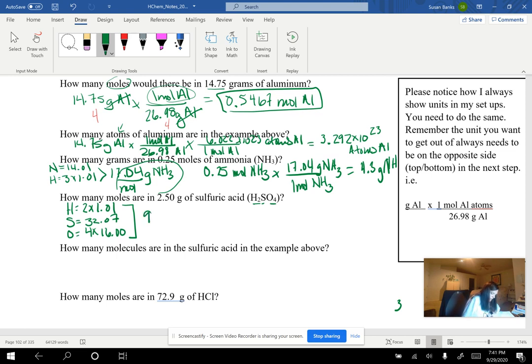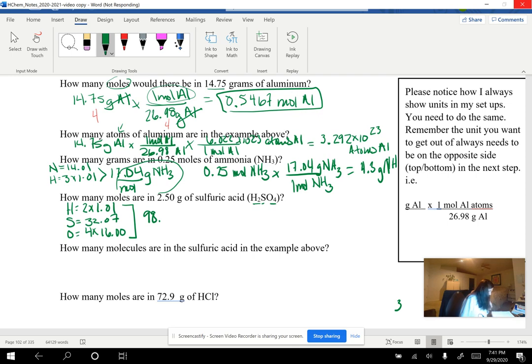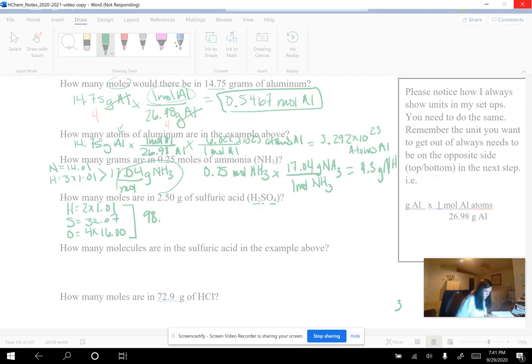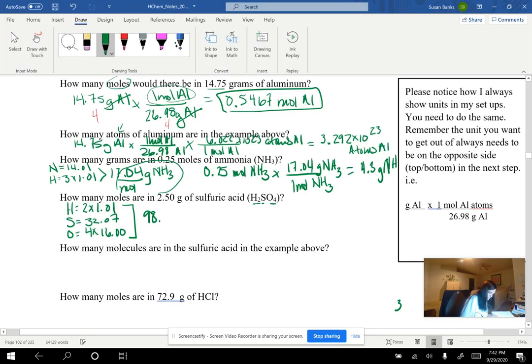You should get 98.08 grams of sulfuric acid per mole. Okay, so we're going to use that conversion in this problem.